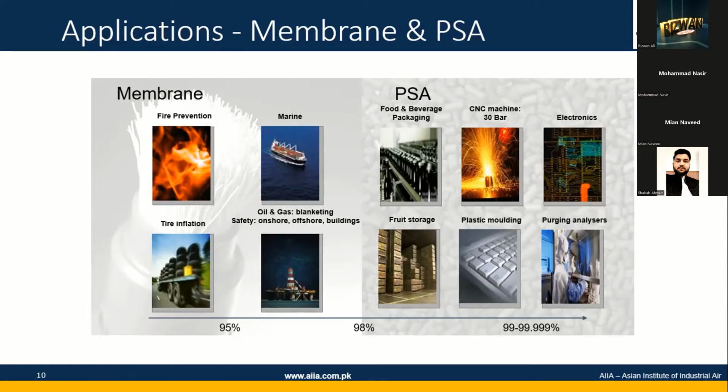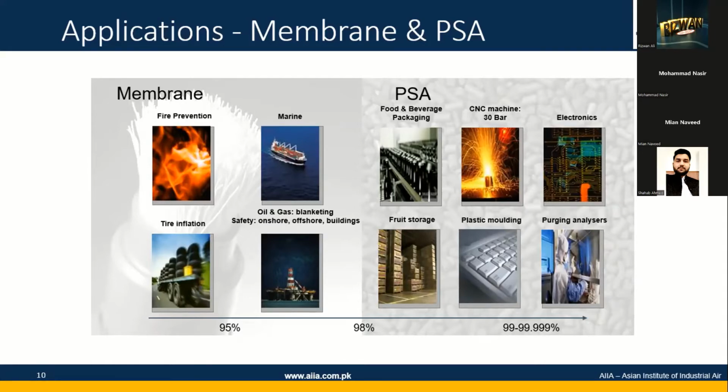So if your requirement is around 95%, the 95% applications are in tire inflations, like in oil and gas, where you do the blanketing, and even in the air of the tires of aeroplanes, you use the same gas with the lower purity. So you do not need a PSA technology over there. You can produce the nitrogen by using the membrane.